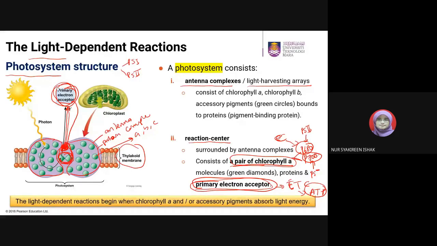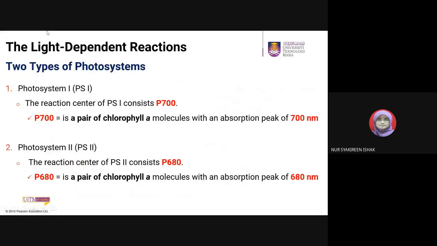Okay, so photosystem ada dua lah tadi. So photosystem 1 and also photosystem 2. So short form PS1 and also PS2. Bukan PlayStation tapi photosystem. Okay. So photosystem 1, in the reaction center, dia punya reaction center dia ada P700.